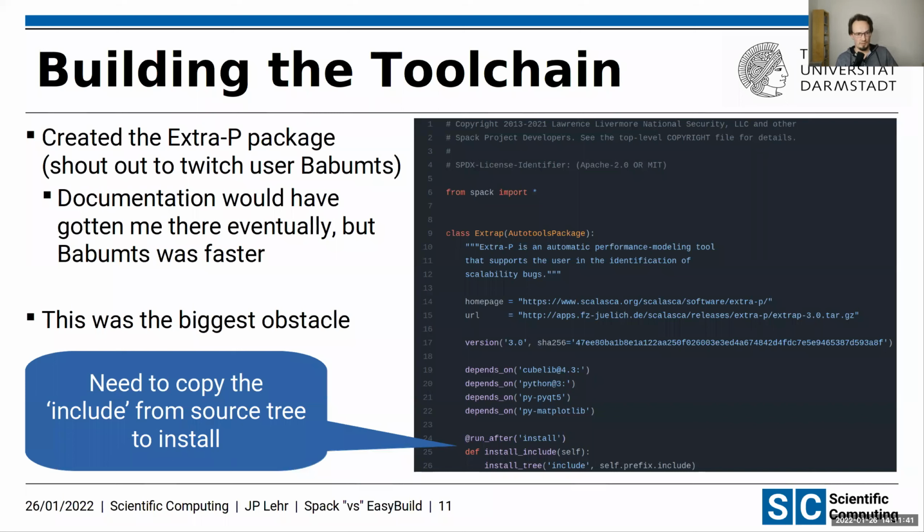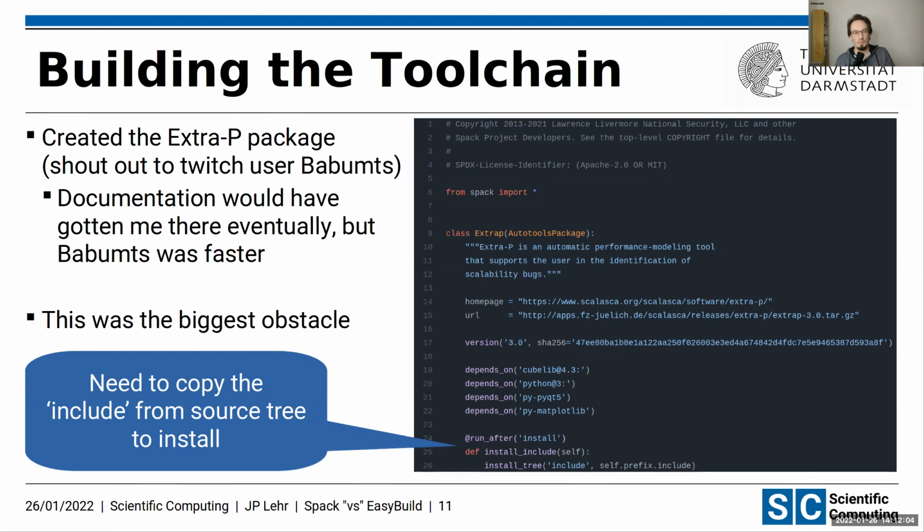One of the particularities, which means that you cannot just depend on other stuff for the extra P, is another particularity of MetaCG, because we are actually requiring the headers of the extra P source code, which are regularly not installed. So you just install the bin and lib folders.